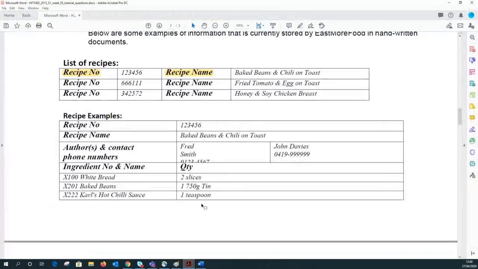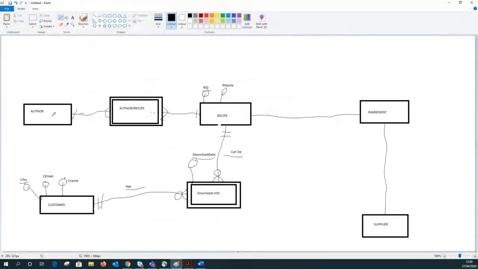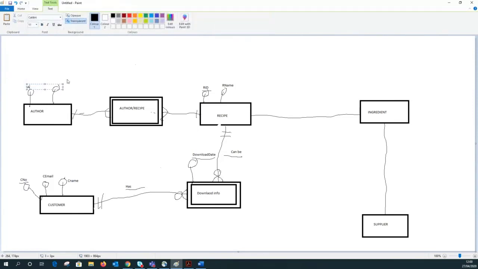So if I go back, what are the other attributes that we can capture here? Author names and author phone numbers. So in the author entity, we have the name and the phone number. I can say here the author name and author phone number.